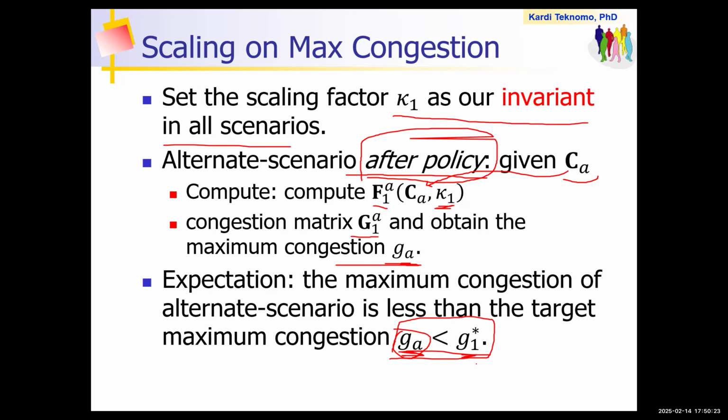All the policies that make the congestion less than the target are called feasible policies. So you will generate many policies, and then you set any target, usually 0.9, 0.8, or 1 if you want.